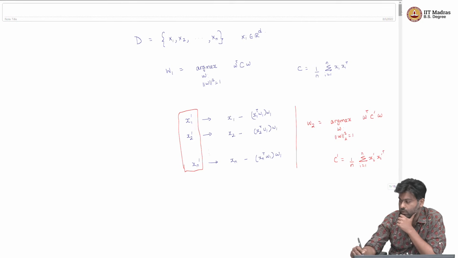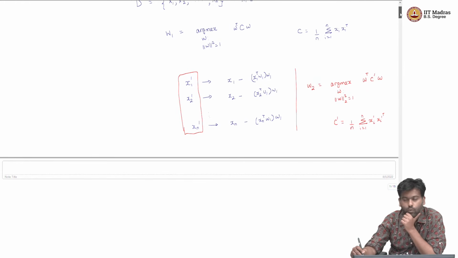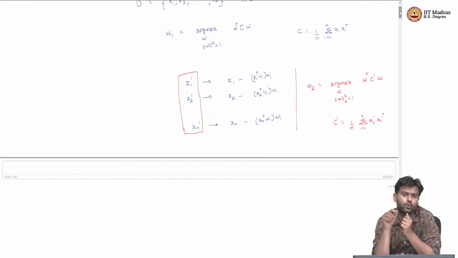So this would be the new matrix. So now you have two lines. The first line was w1, which was the best line that minimized error with respect to the data set. Now you took the error vectors and found the second line, which is w2.